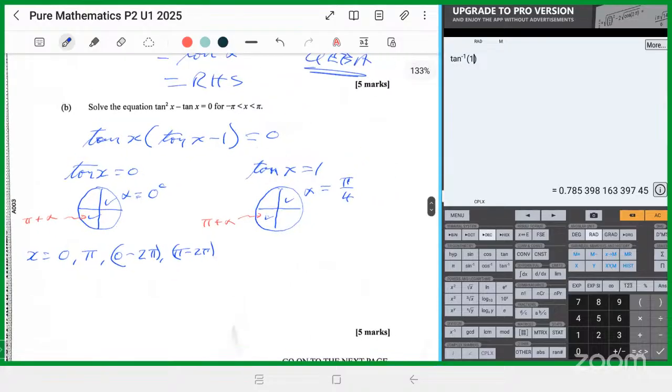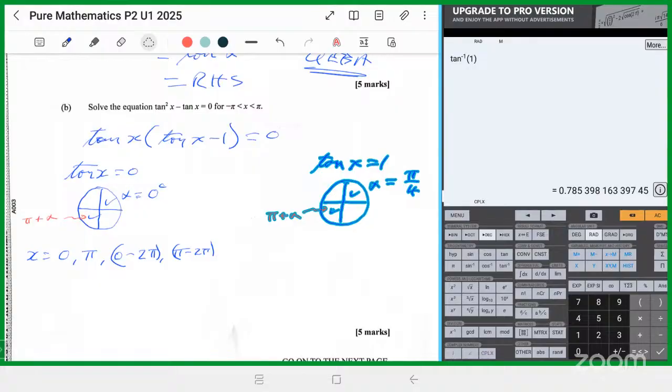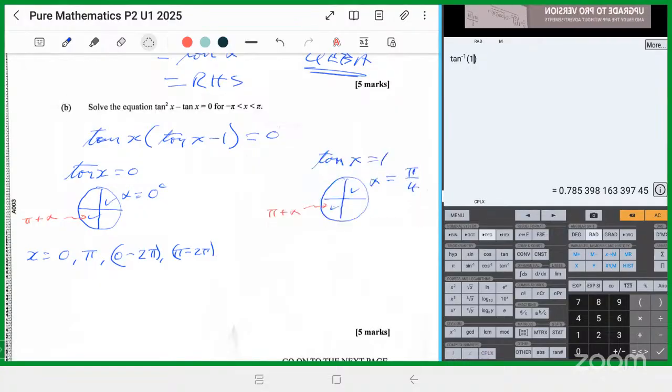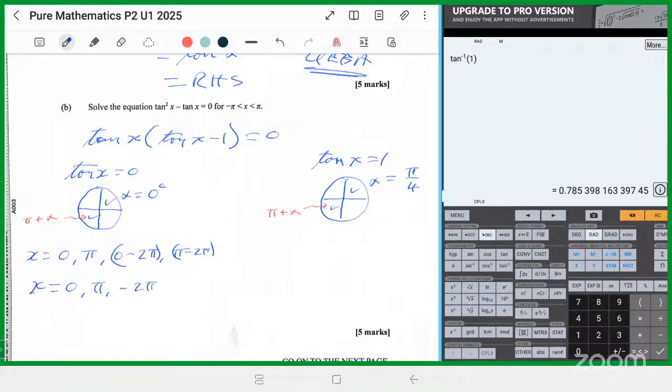All right, so the angles over here are 0, pi, minus 2 pi, and minus pi.